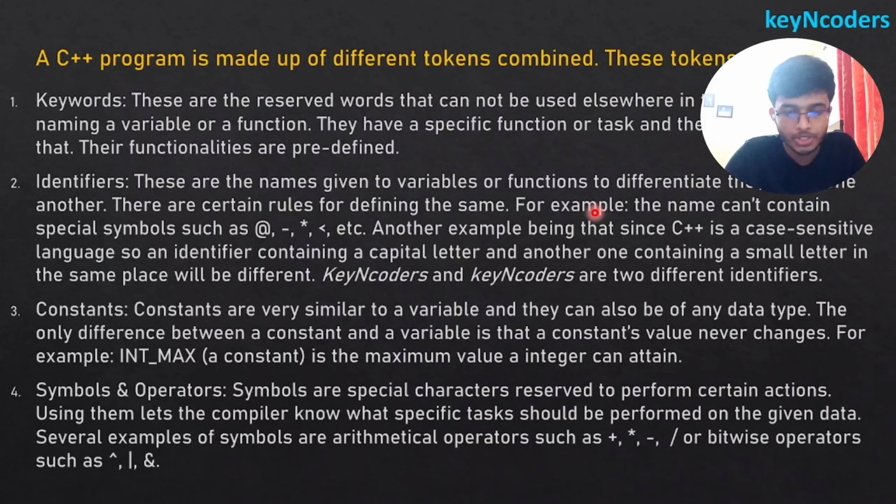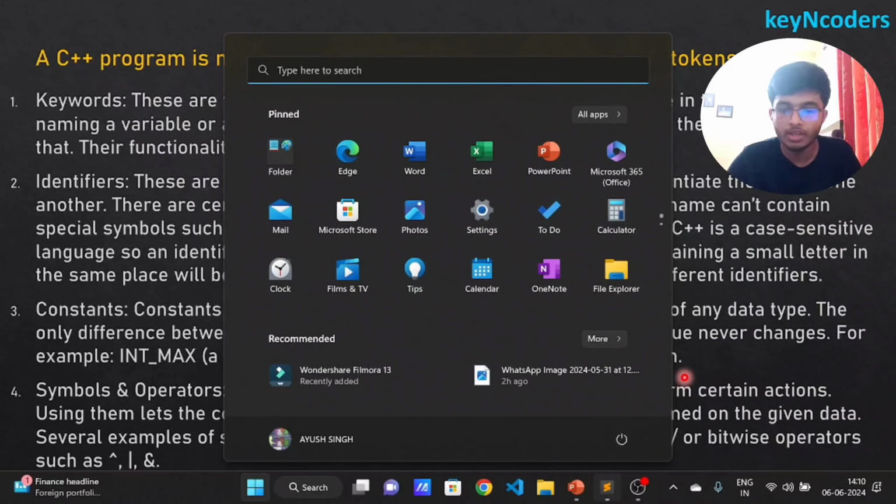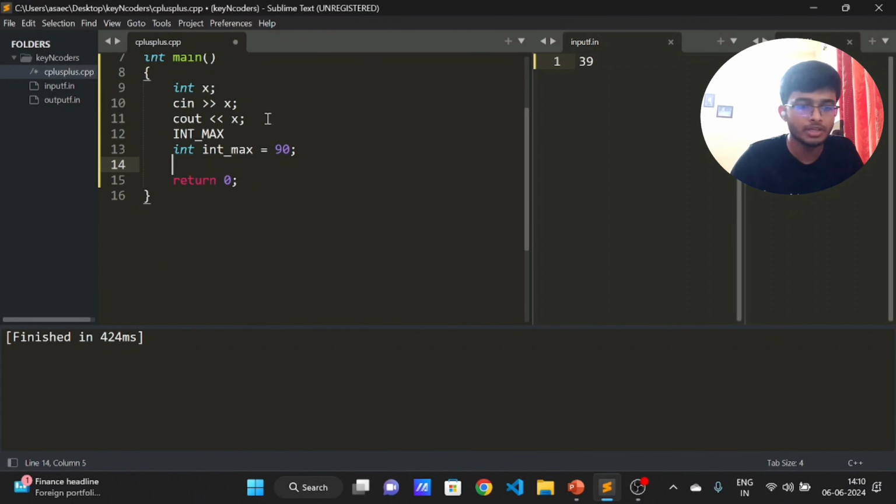Symbols are special characters reserved to perform certain actions. Using them lets the compiler know what specific task should be performed on the given data. Examples of symbols are arithmetic operators such as plus, star, minus, and slash, or bitwise operators such as XOR, OR, and AND.